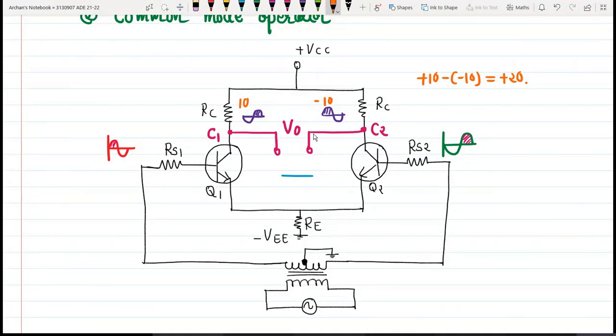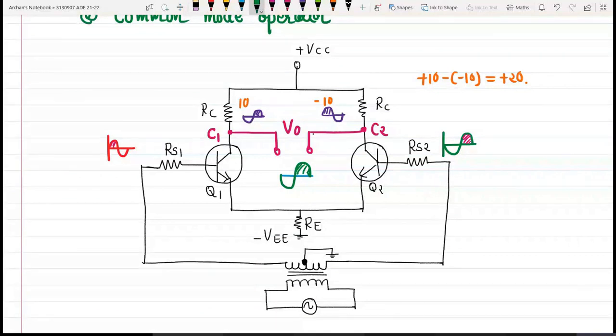So the difference output V0 is twice as large as the signal voltage from either collector to ground. So we will have an output voltage which is twice the input voltage. This is how the differential mode operation takes place in a differential amplifier, right?